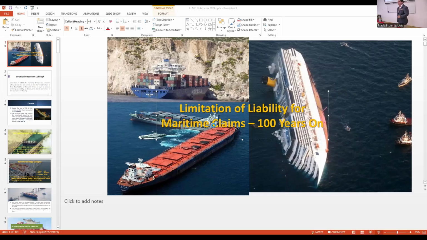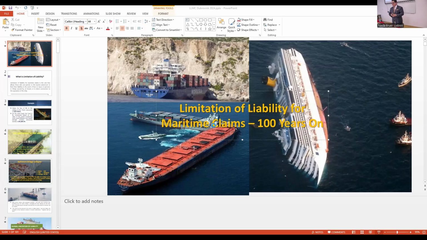Claims for loss of life in the sinking of the Titanic amounted to $22 million. Of course, that doesn't sound like a lot at this time, but at the time it was a lot of money. But the fund that was constituted for limitation purposes was based on the value of the vessel, which comprised a number of lifeboats and unpaid passage monies, and that amounted to only $91,805.54.